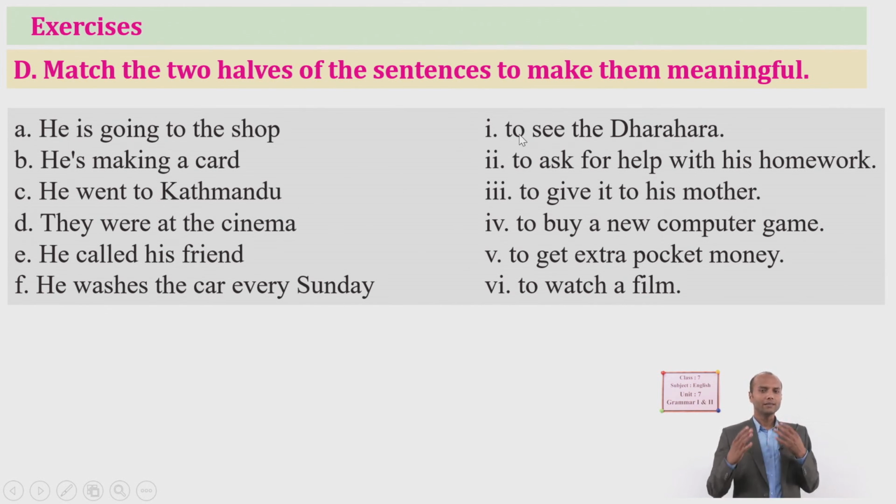Why do you say these are reasons? Because they begin with a 2 plus verb construction: to look, to ask, to see, to give, to buy, to get extra pocket money, to watch, etc. As I said, on the left hand side you can see the causes, and these are the purposes.